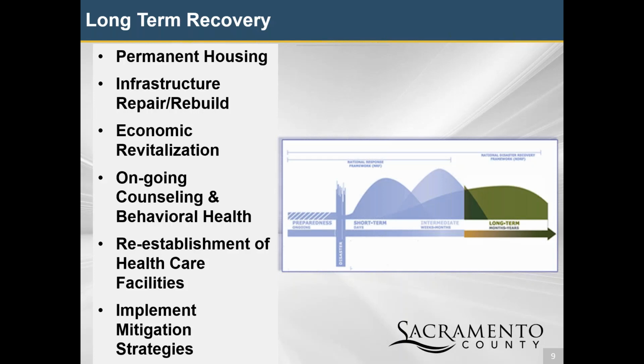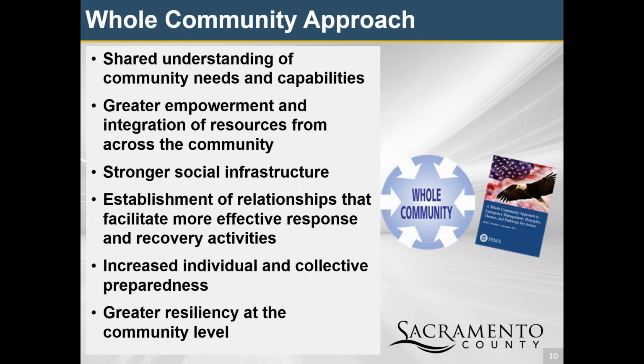Mitigation is always going to happen. Implement mitigation strategies at this point. Now, this is a big one here. Whole community approach. This one is very important because it takes the community to build back.